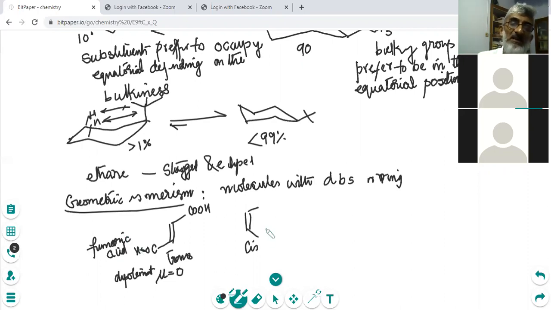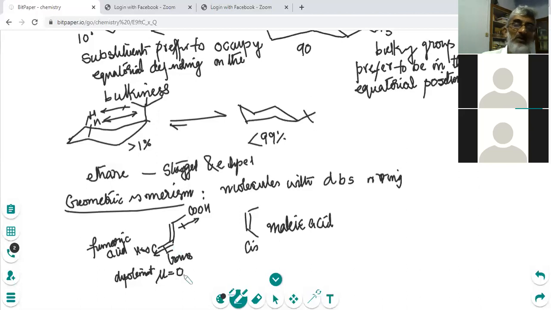And here it is maleic acid. Here, this bond is polar and pointing towards this side, and here it is pointing towards this side. So they mutually cancel each other, and therefore mu equals 0.